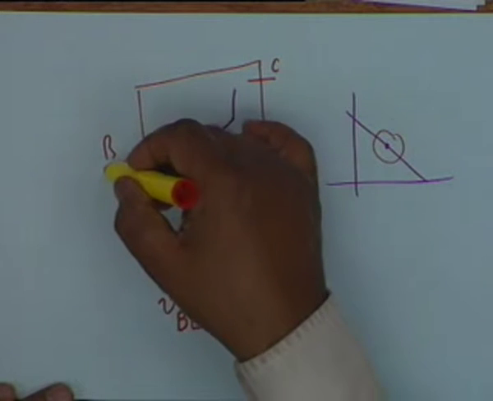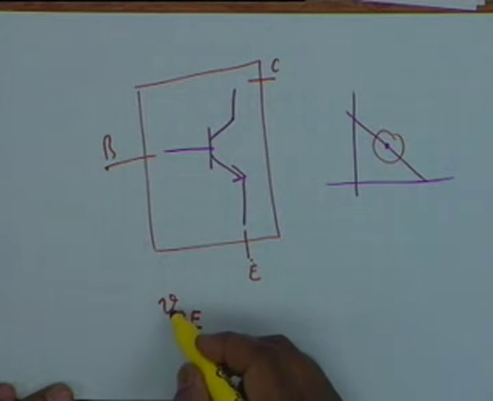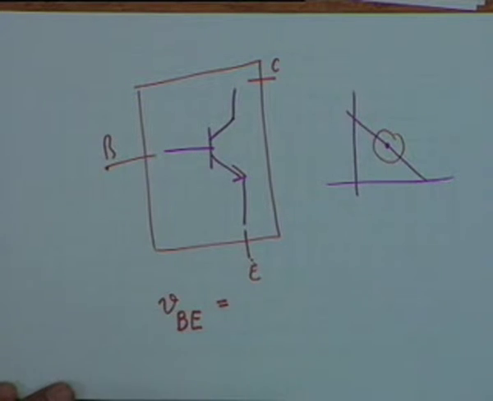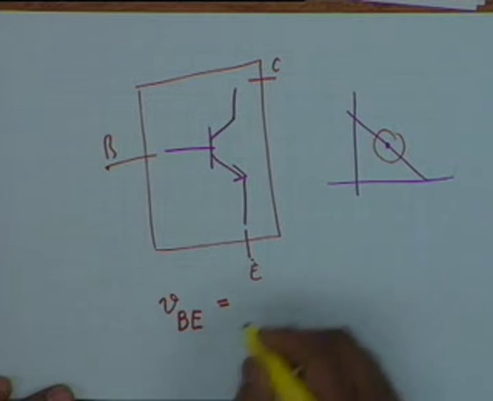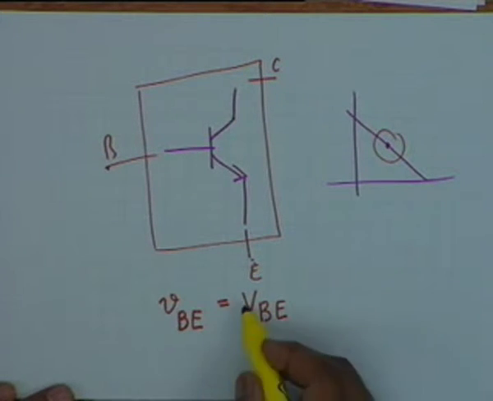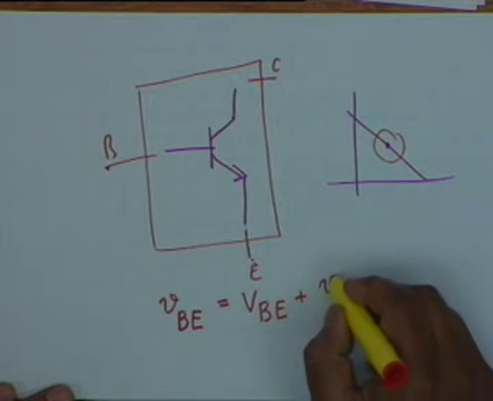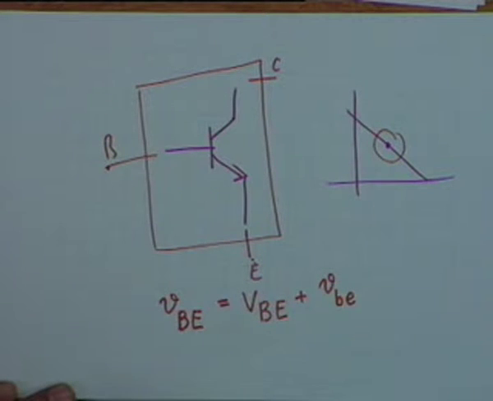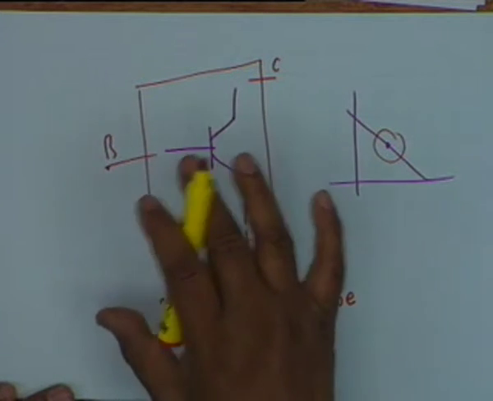The total voltage between base and emitter is small v subscript capital B capital E, and this is a sum of a DC and an AC, DC and an incremental value. The DC value we shall say VBE, capital V sub capital B capital E, plus small v subscript small b small e. All right. This is the way we are going to represent every quantity.